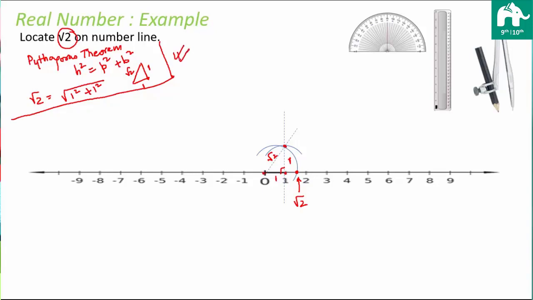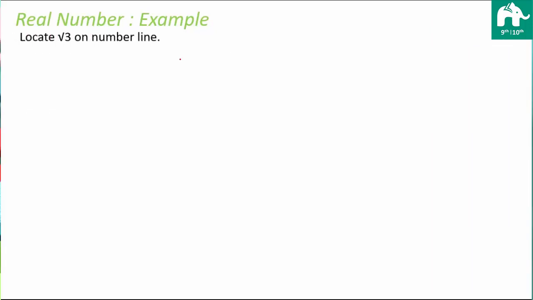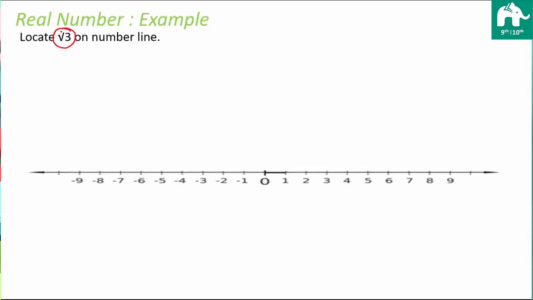Now I think it will be clearer when we look at the next example. Here we will try to locate root over 3 on the number line. As I had discussed earlier, our main agenda will be how can we write root 3 in terms of the Pythagoras theorem, as in root over 3 is equal to root over what? I can write it as root over 2 plus 1.